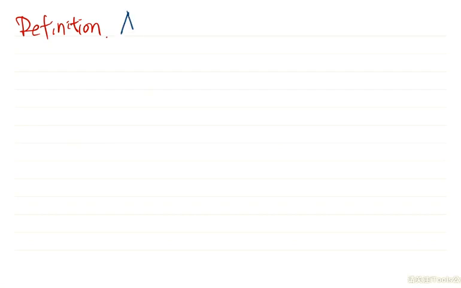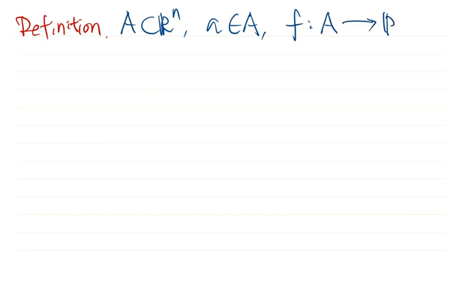Our definition: suppose A is a subset of Rn, and a is a point in A, and f is a function defined on A and taking value in another Euclidean space Rm.